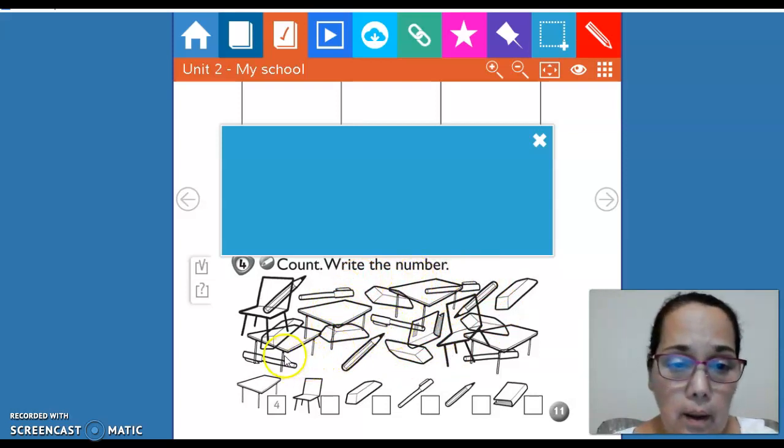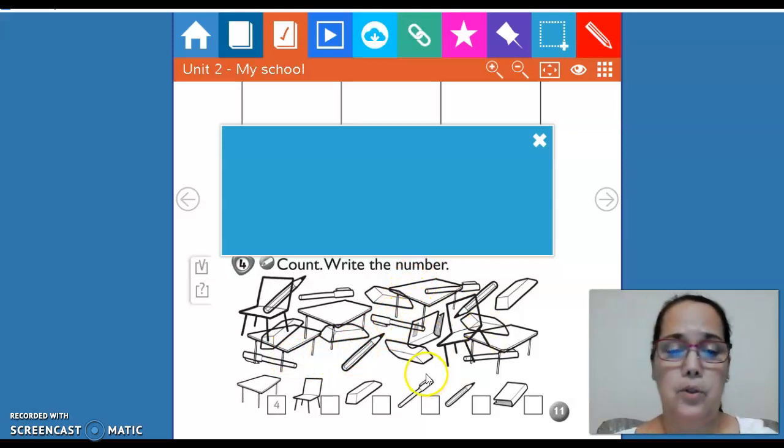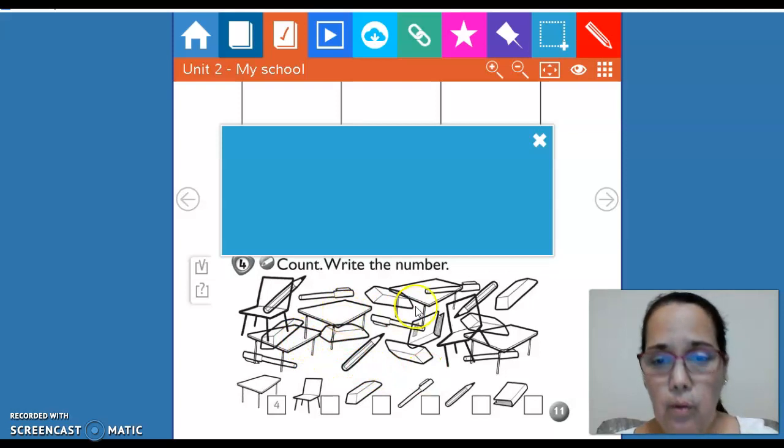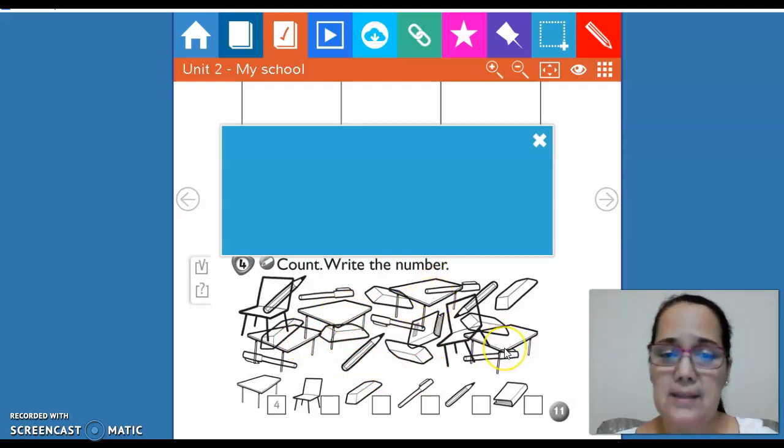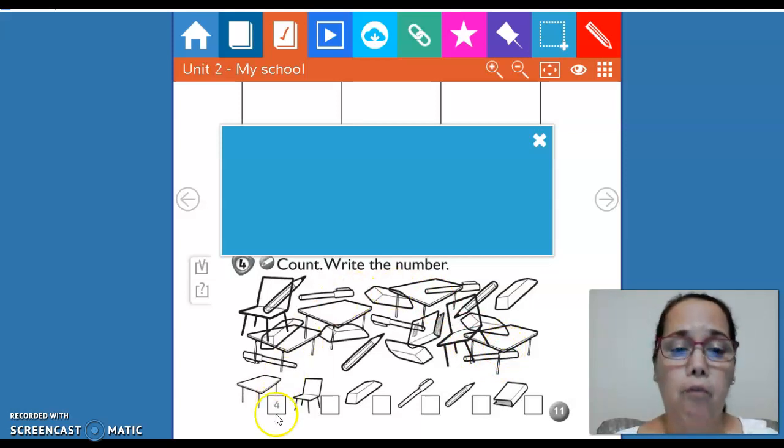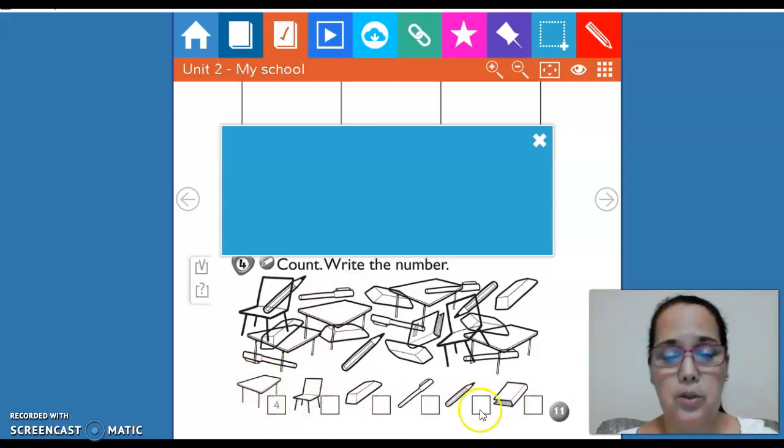Look and find the tables. 1, 2, 3, and 4. Yes, there are 4 tables. Okay? Continue with the other pictures.